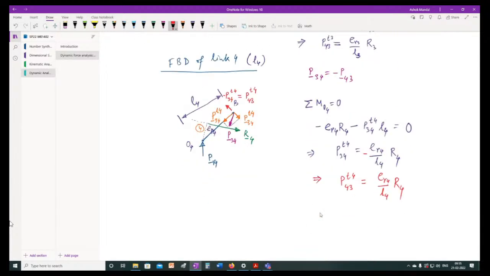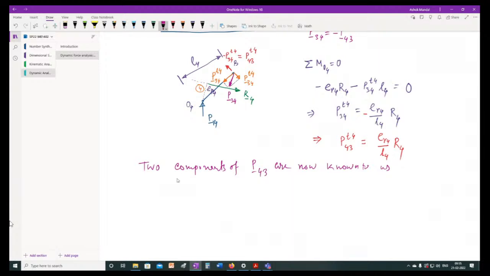So after doing this, what do we have? This P43 is a force, and two components of P43 are now known to us, at least their magnitude.